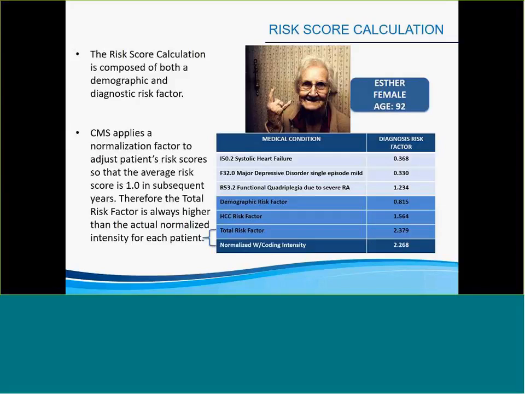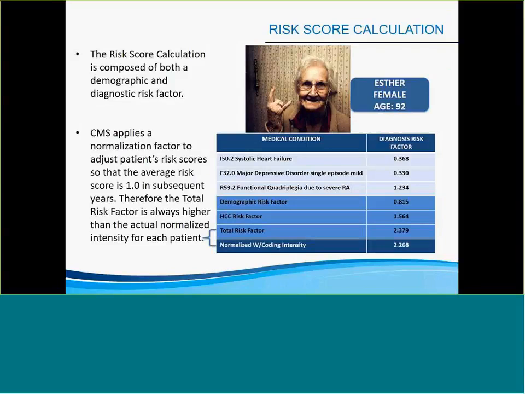However, if the physician, and this largely falls to us primary care docs, documents systolic heart failure, major depression, quadriplegia due to severe RA, her HCC risk factor will be 1.5, bringing her to a total of about 2.3 after some normalization. What does it mean in real terms?